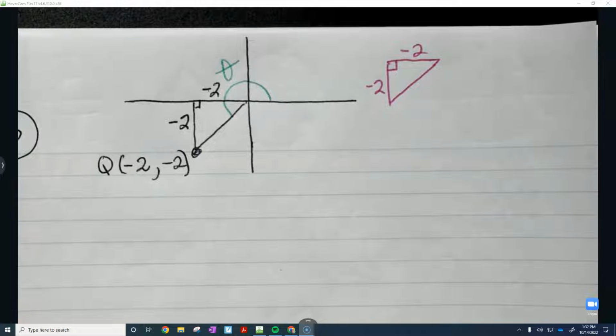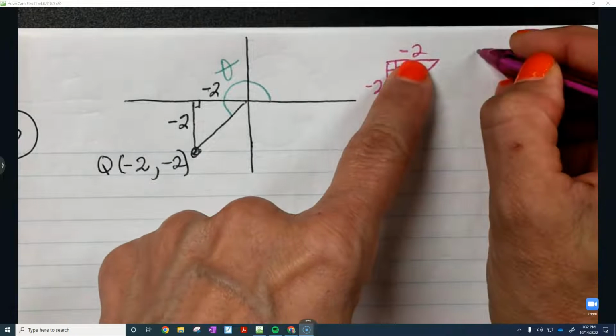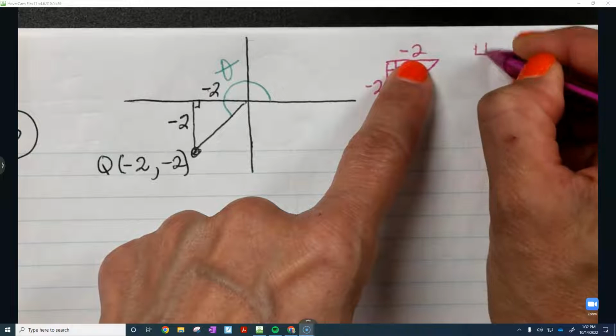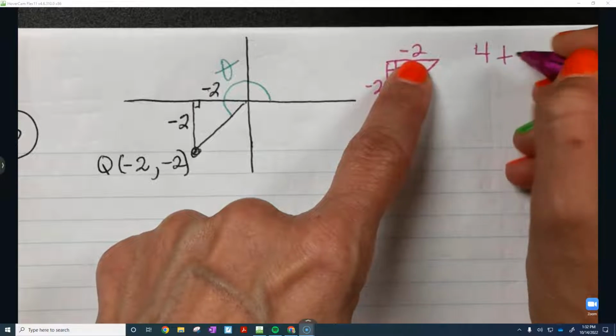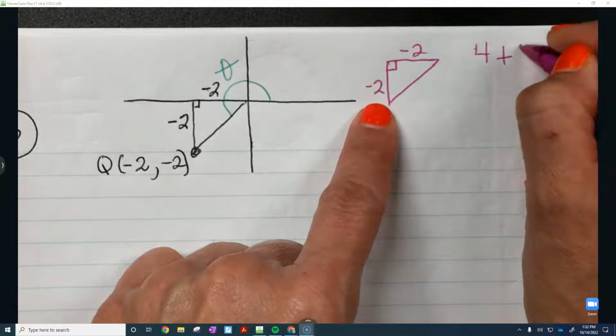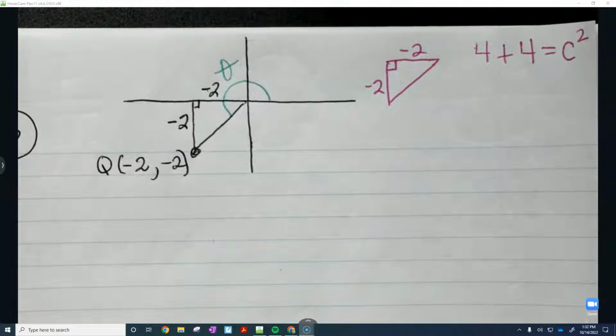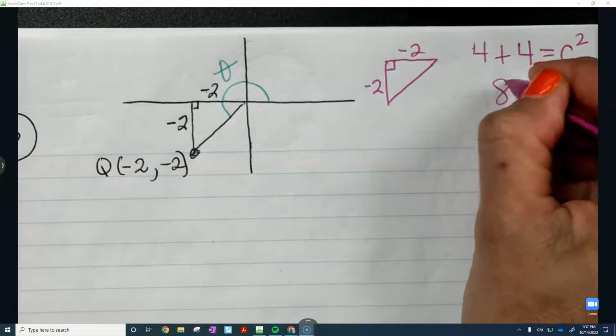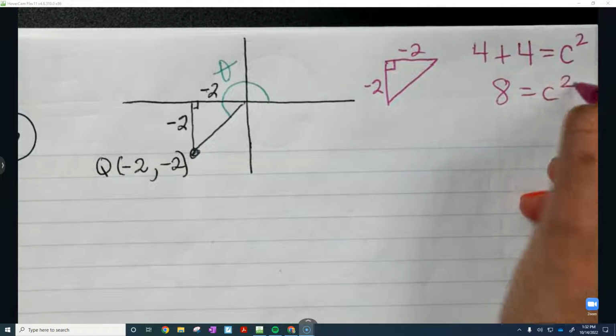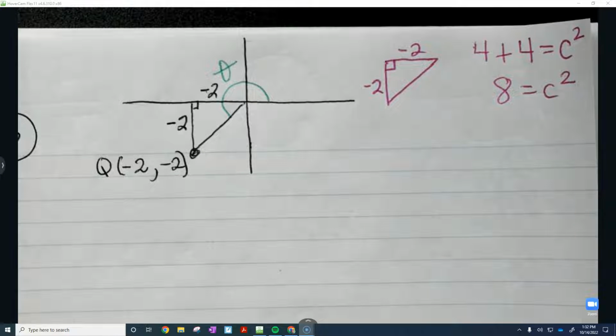So remember, a squared plus b squared equals c squared. What's -2 times -2? That's your a squared plus b squared, which is 4. Wait, that sum is 8. And remember, that's c squared. But we need plain c. You got to square root that. And if there is a perfect square in there, you got to take it out of that square root symbol.